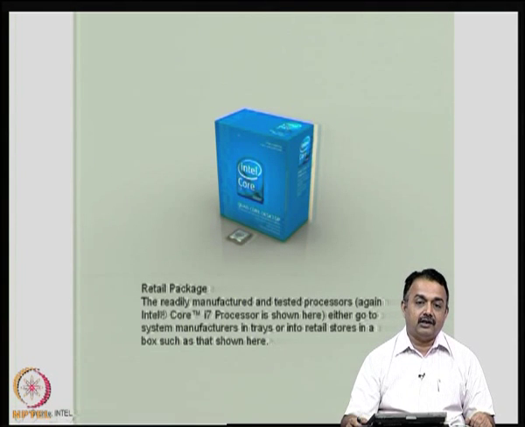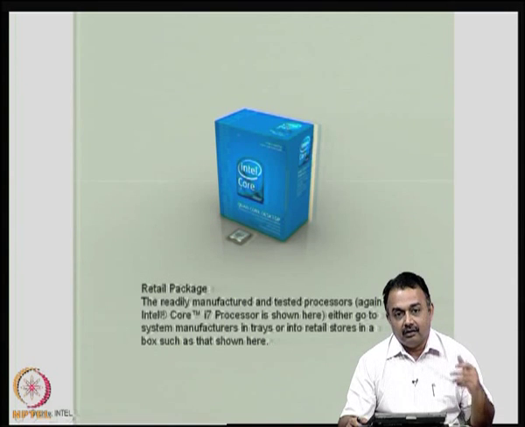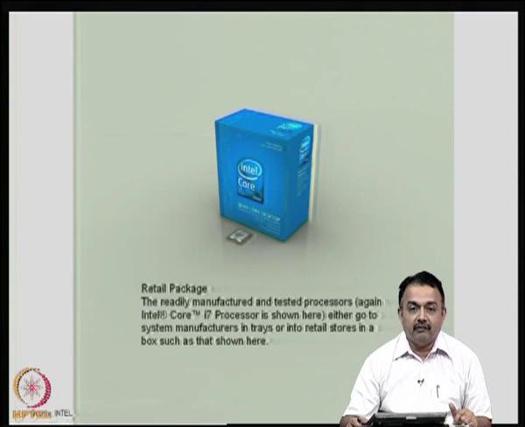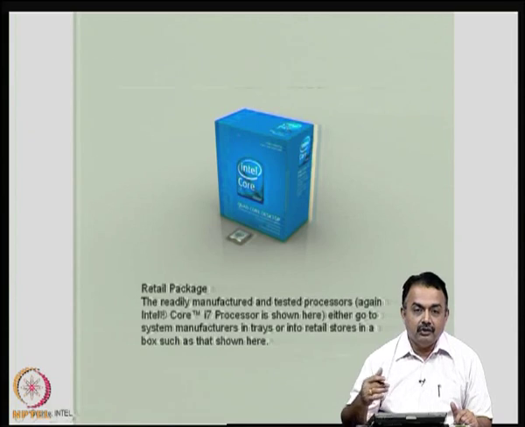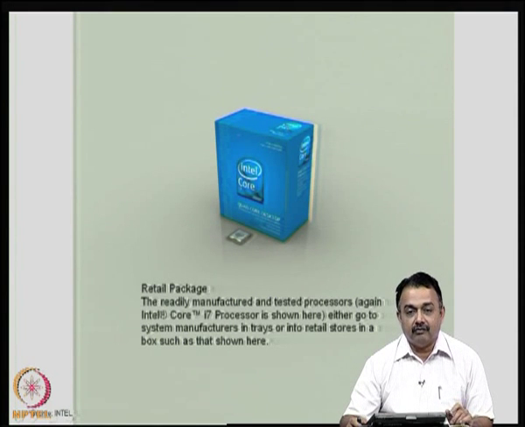So, retail packages are done, and this particular processor will then be used for system manufacture. It will be used by system manufacturers for the specific application that it is intended for. So, this is an example by Intel for the i7 processor.